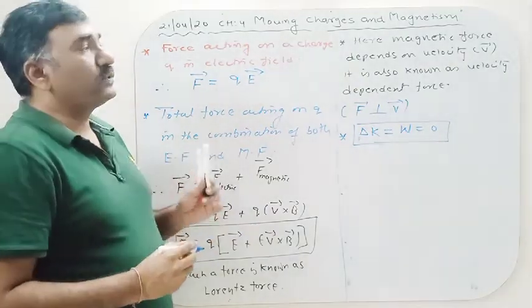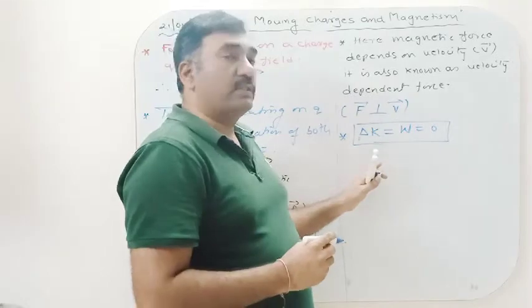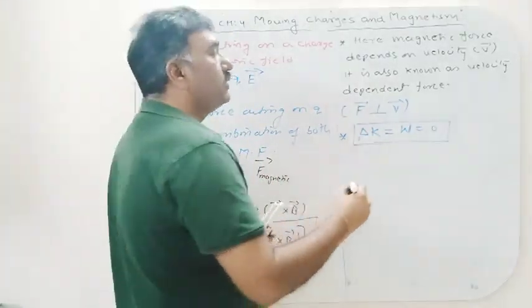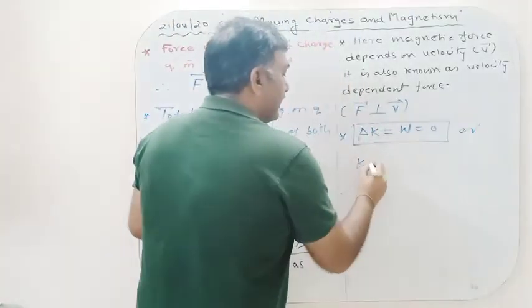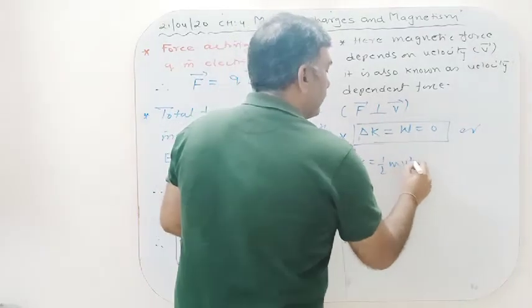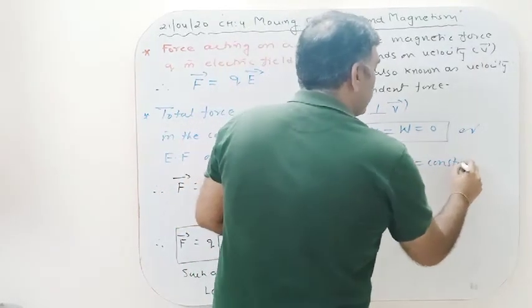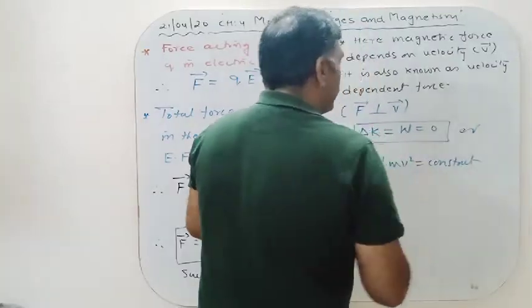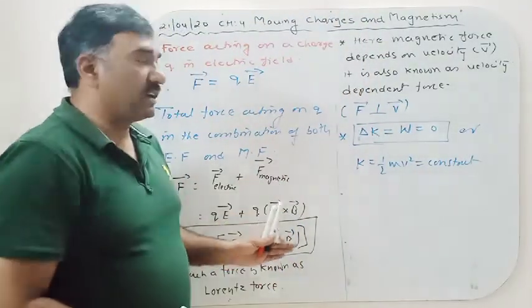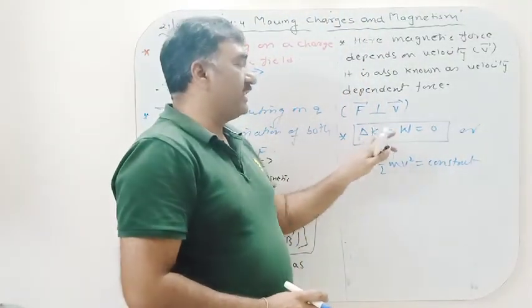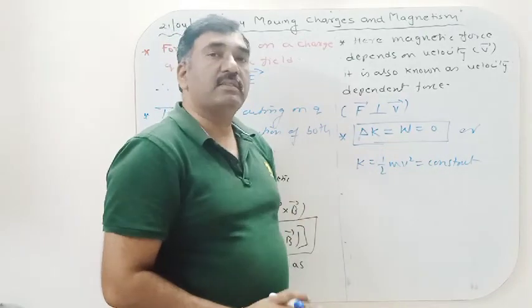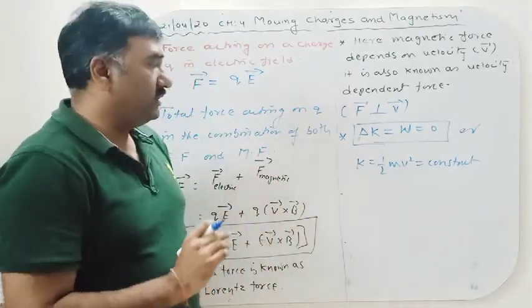This force is also a velocity dependent force, and the kinetic energy, half mv squared, remains constant. So the kinetic energy of the charged particle remains constant, and the change in kinetic energy, equal to the work done, remains 0. Note this down.